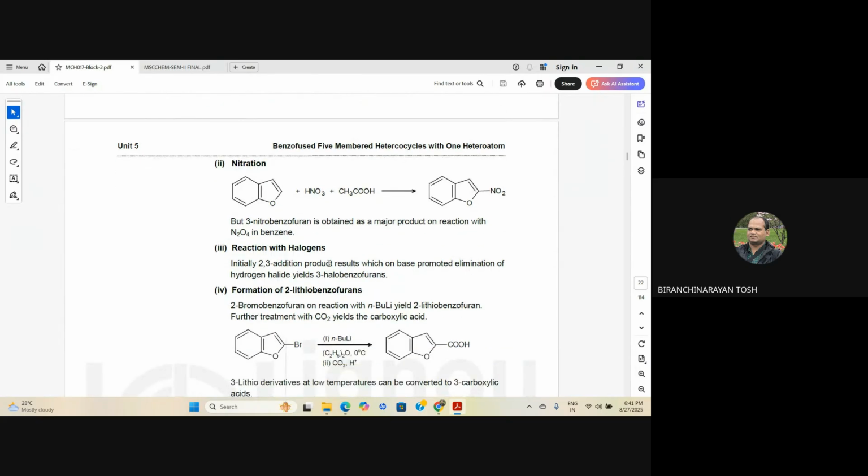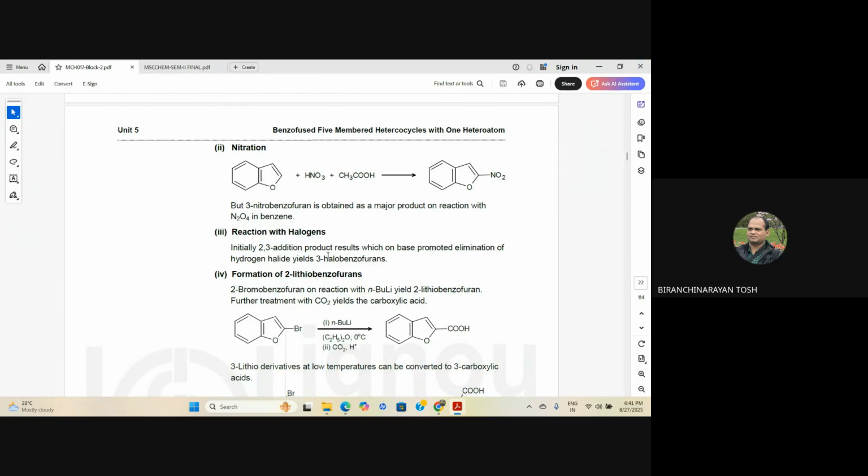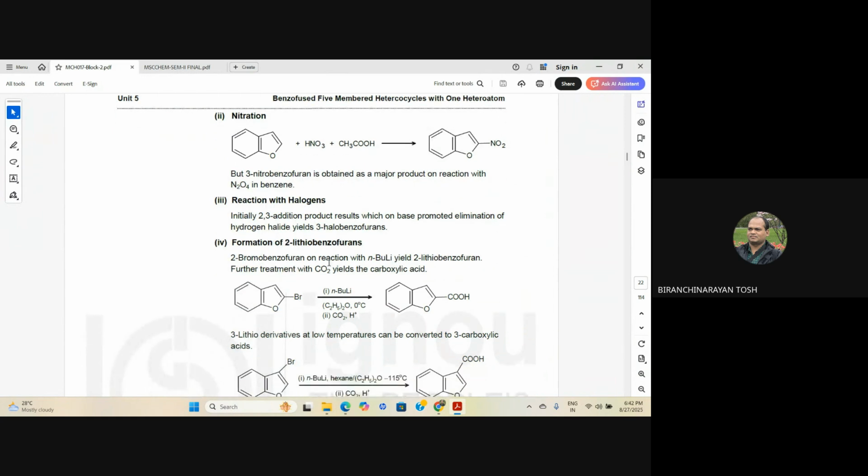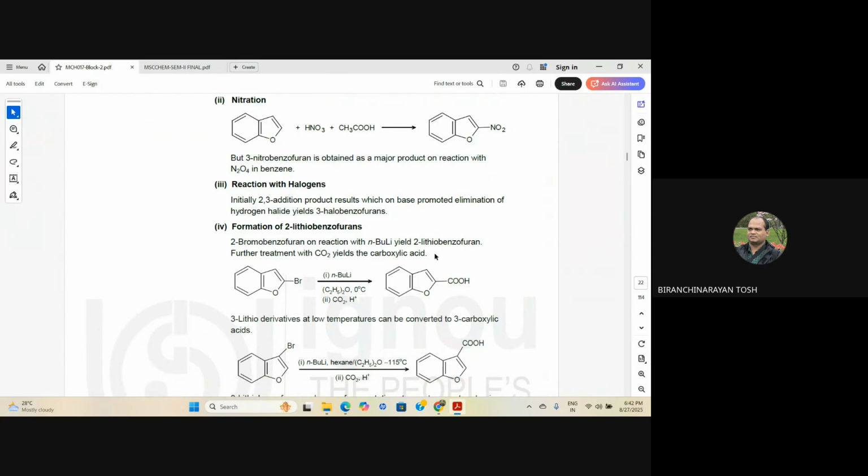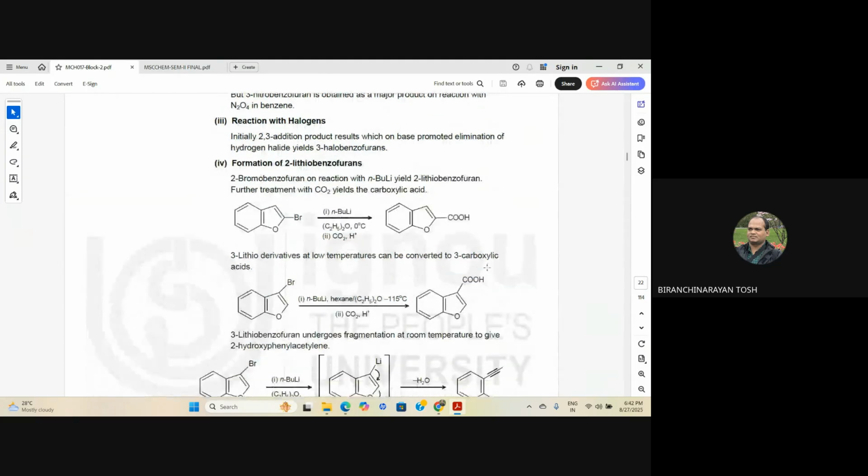Reaction with halogens initially forms a 2,3-addition product, which on base-promoted elimination of hydrogen halide yields a 3-halobenzofuran. For formation of 2-lithiobenzofuran, if you take 2-bromobenzofuran and react with n-butyllithium, it will be converted to 2-lithiobenzofuran, and further treatment with carbon dioxide gives 2-benzofuran carboxylic acid.